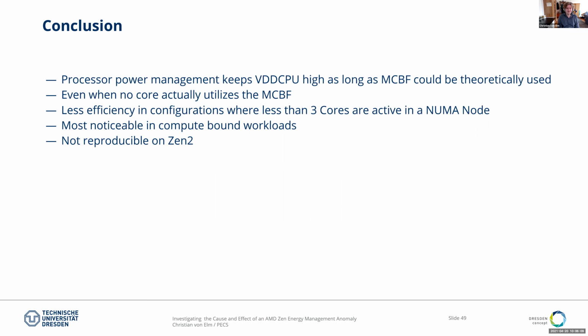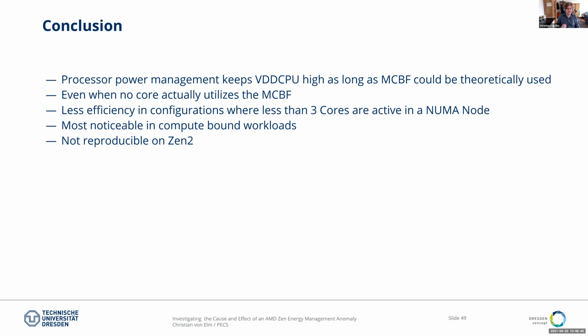It's not important if it's actually used anywhere, just that there is a core that, if it could become active, could have a frequency limit of 3 gigahertz and need this high VDD CPU. The VDD CPU stays high, even when none of the cores actually need it to be that high.